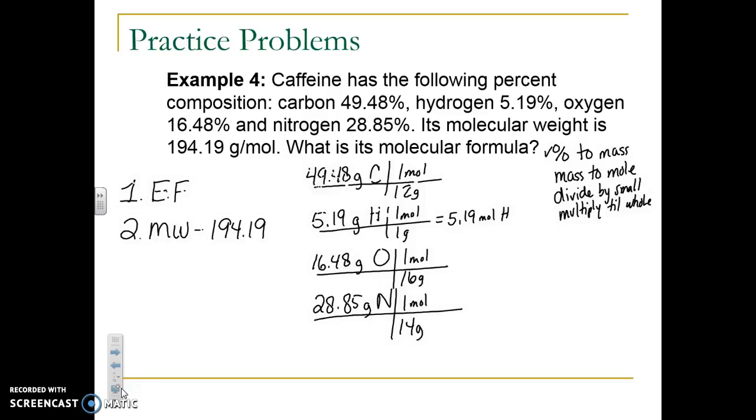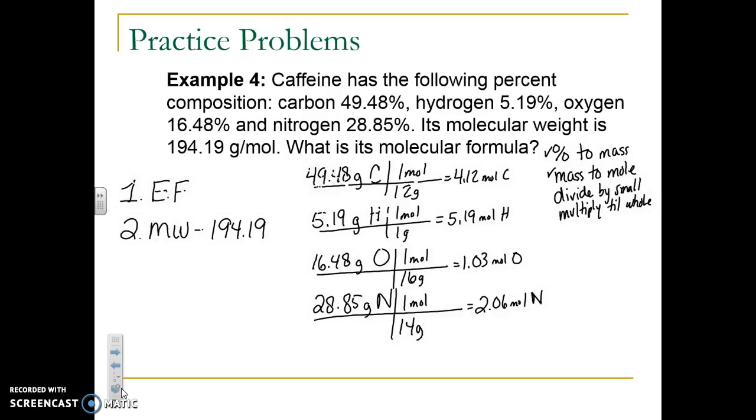Okay, so we'll do the math. 49.48 divided by 12 gives me 4.12 moles of carbon. I did 5.19 divided by 1, which is just 5.19. 16.48 divided by 16 is 1.03 moles of oxygen. And 28.85 divided by 14 is 2.06 moles of nitrogen.